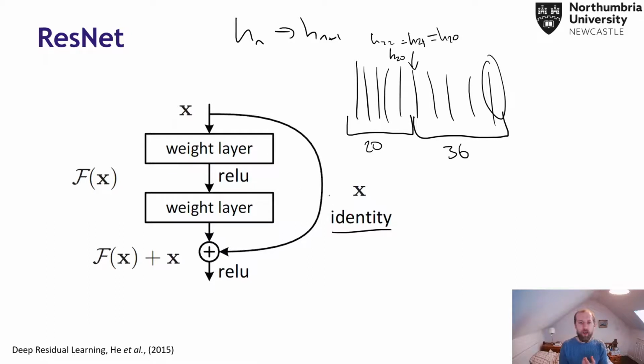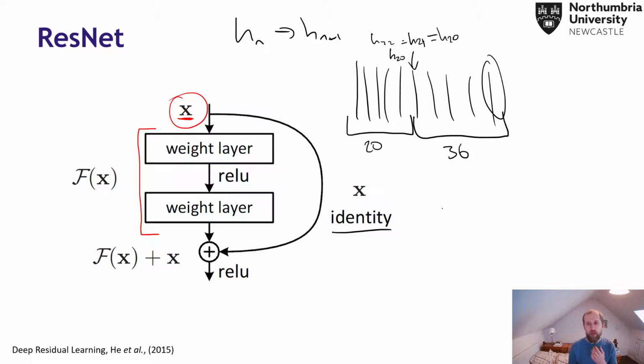So in this case, they actually just send this x through to the end and add it to whatever gets computed by the network. So this is your regular neural net, your regular layers, but you're just doing what's called a skip connection, which means that you're adding this additional x to your output.